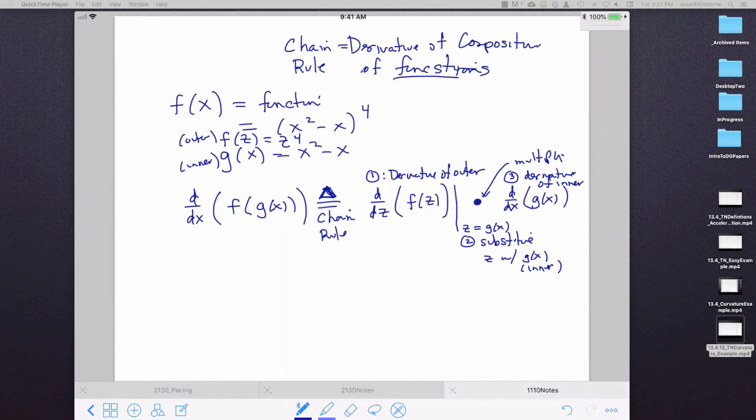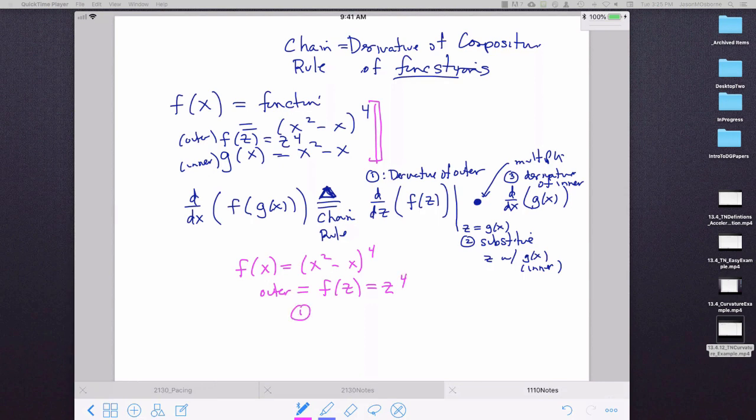Okay, so let's see how this works in the example that we just made up. Our function f of x is equal to x squared minus x to the 4th power. But our outer function f of z was z to the 4th power.